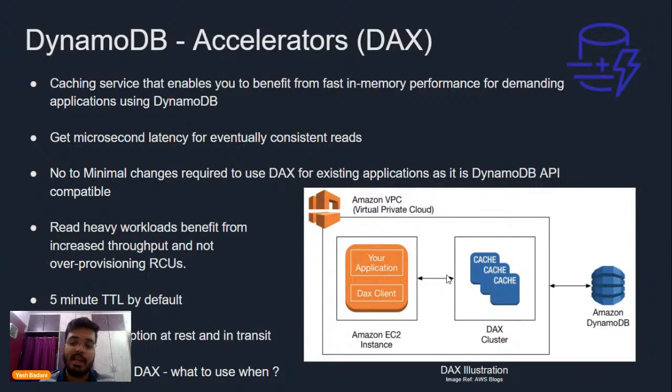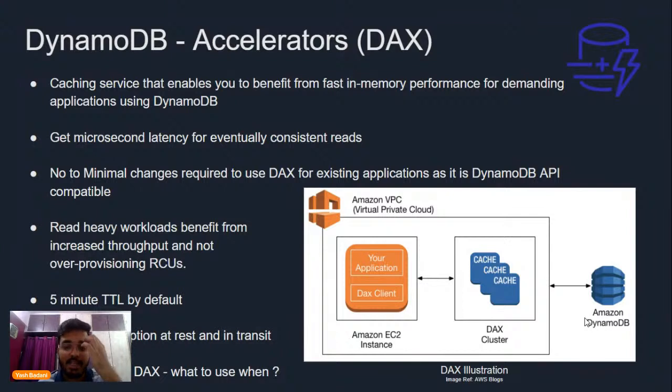So DAX is like a layer above your DynamoDB, as you can see here, and it is like a cache, and you can use this cache with your application just like how we saw in the previous slides for ElastiCache. Similarly, you can use it for DynamoDB. DAX works in a similar fashion, but especially for DynamoDB. You may wonder, why can't I use ElastiCache here?